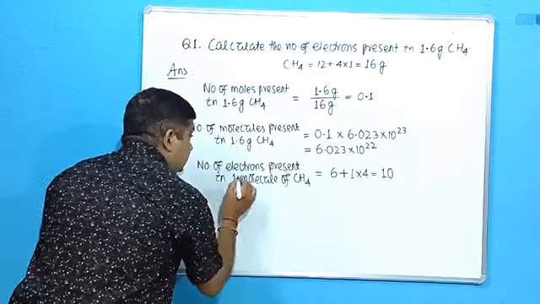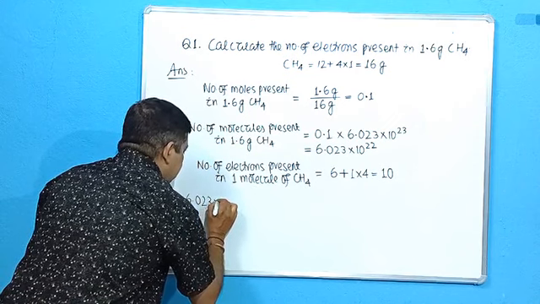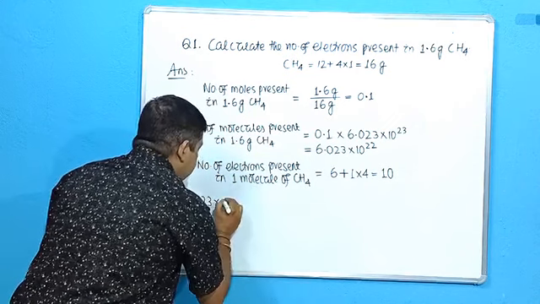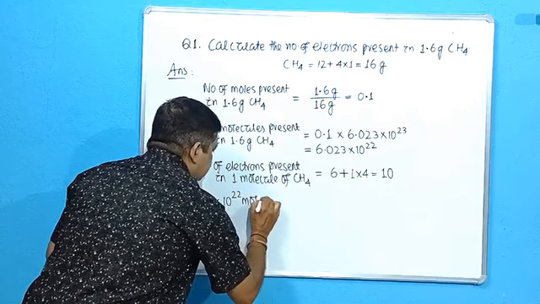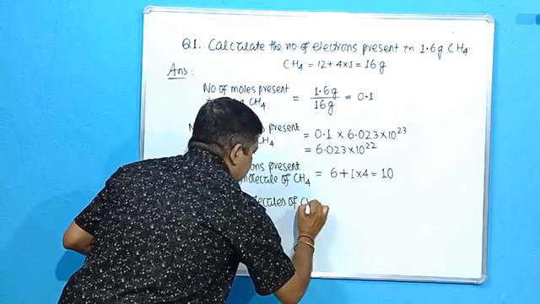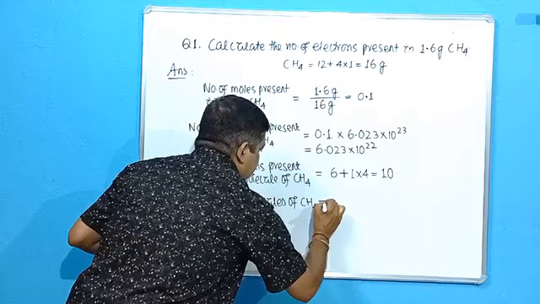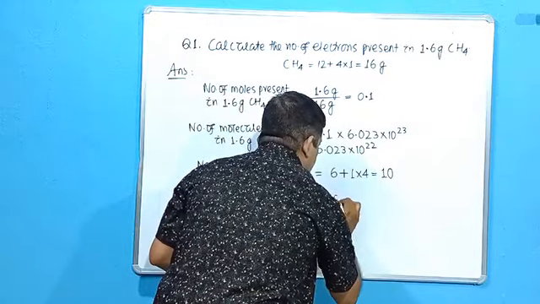So then the given number of molecules, that is 6.023 into 10 to the power 22 molecules of methane, will contain how many electrons?